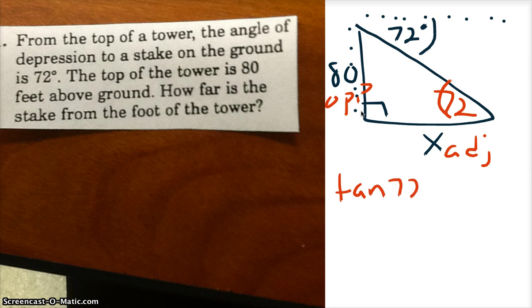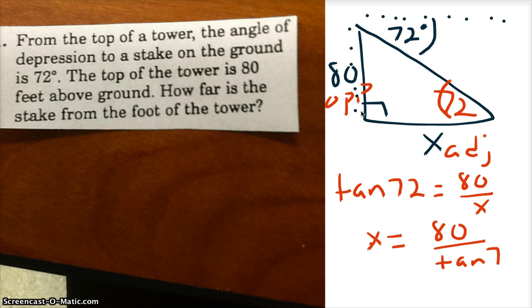Tan 72 equals opposite over adjacent. So x equals 80 over tan 72, which is 80 divided by tan 72. Is x equals pretty much 26 feet.